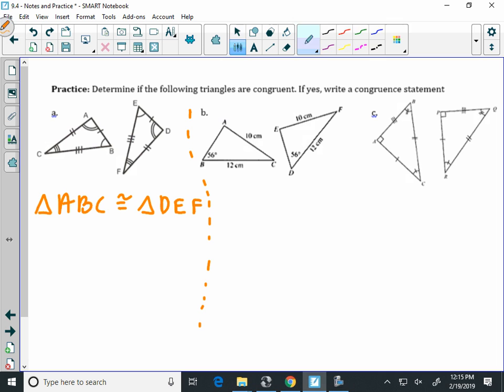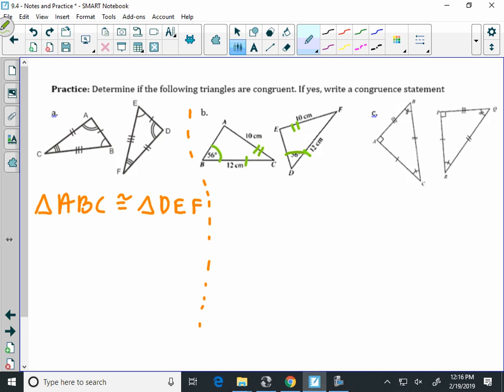Okay. What about B? Do we have enough info to determine if these triangles are congruent? They might look congruent, but did they specifically tell us enough info? Nope. They only told us that 2 sides were the same, and they only told us that 1 angle. But remember, in order to be congruent, you have to show that all 3 corresponding sides are the same and all 3 corresponding angles.